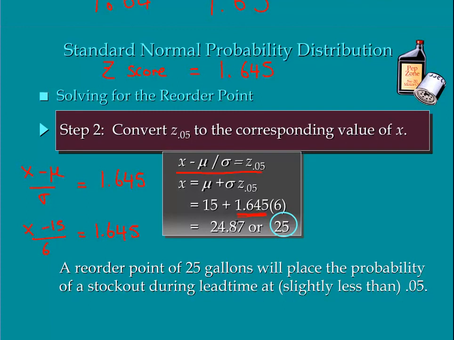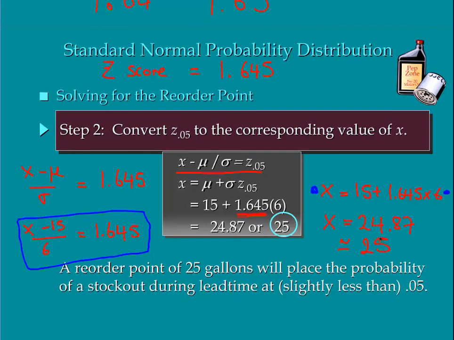Rearranging, we get x is equal to 15 plus 1.645 times 6. That equation is just a rearrangement of the earlier equation. It's pretty simple to calculate x now. X is equal to 24.87, and you can round it up to 25.